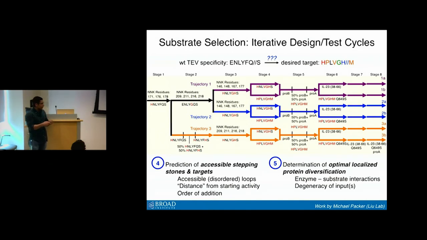Another thing that was relatively interesting that came out of this study is that what Michael found is that introducing degeneracy at specific positions that are informed by structural information between the protease and the substrate actually dramatically enhance how well these selections work.